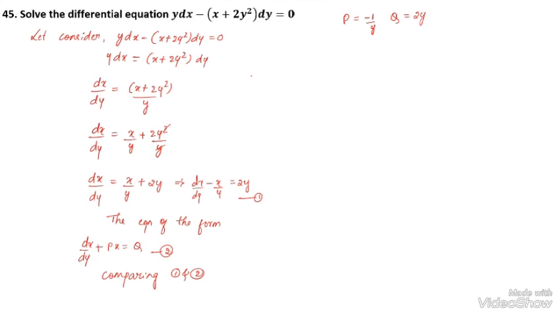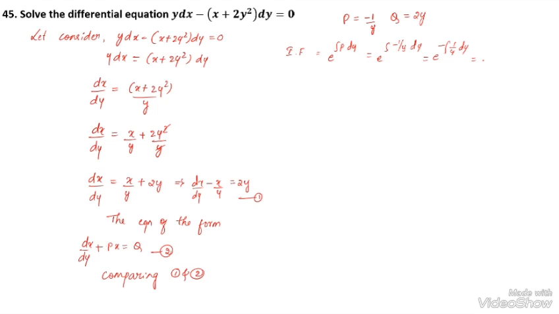Now taking the integrating factor, that is e to the power integration of p into dy. That is integration of, what is the p? That is minus 1 by y dy, taking minus as a constant, integration of 1 by y dy.